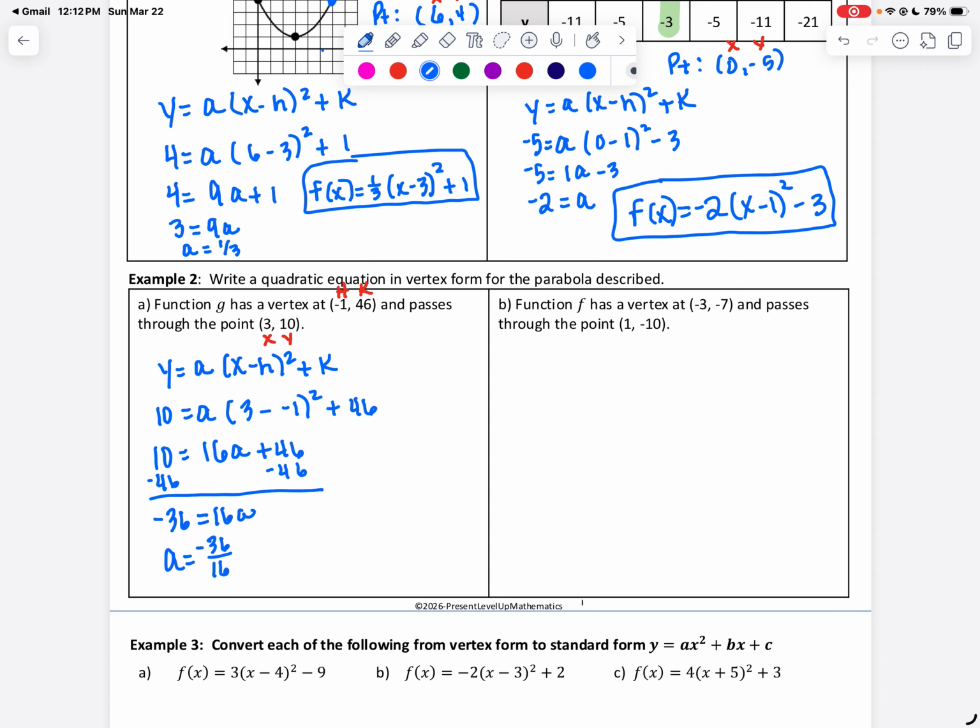They'd both divide by 4. So a would equal -9 over 4. So there's our a value. So g of x will equal -9 over 4 times (x plus 1) squared plus 46.